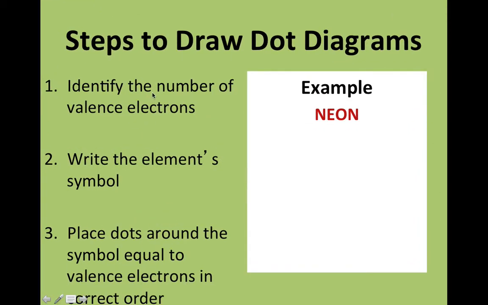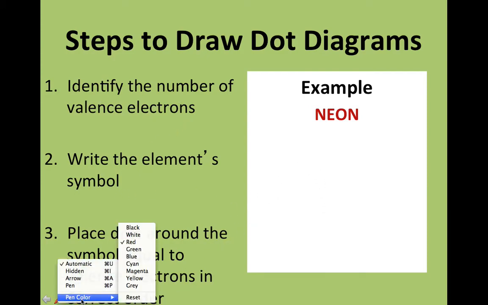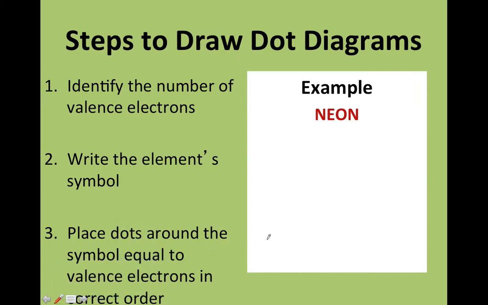So first of all, you identify the number of valence electrons and you write it. So we're going to start with neon. Let's do it in blue. So first of all, I'm going to write the symbol for neon, capital N and lowercase e. Now, neon is in the last column, so therefore it has 8 valence electrons.